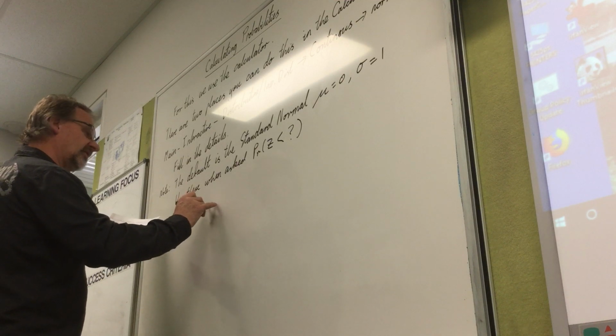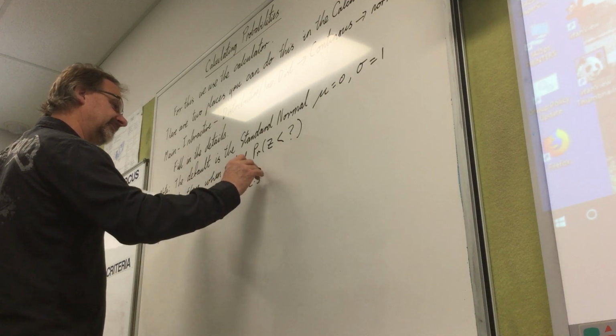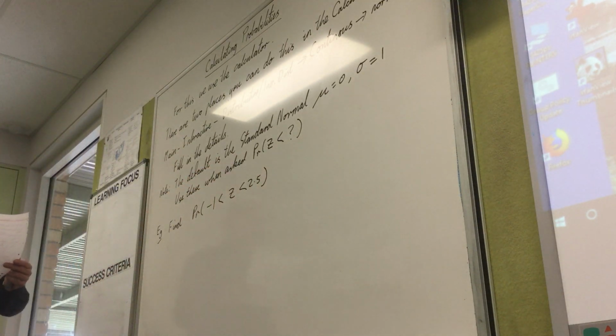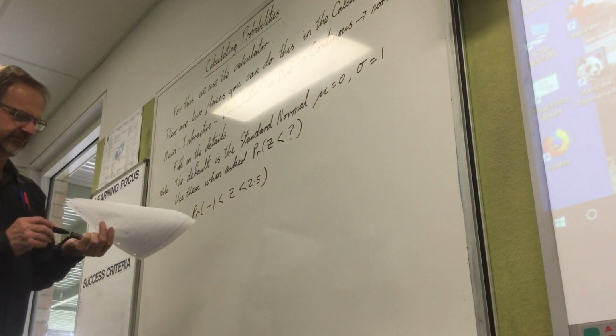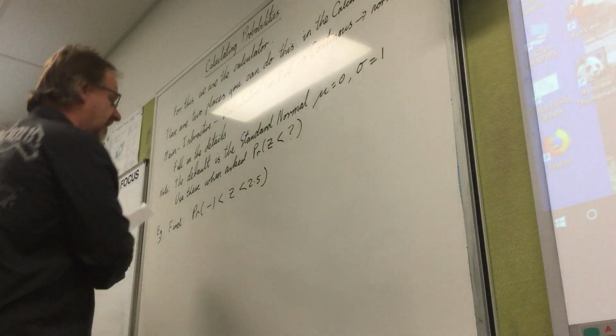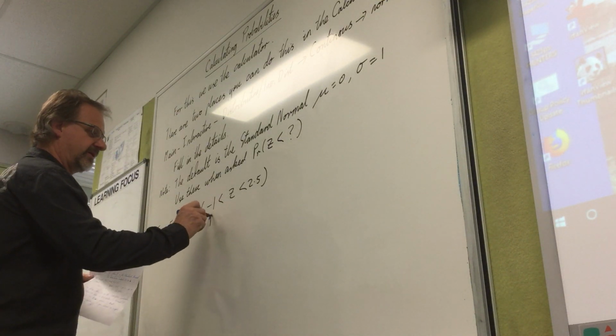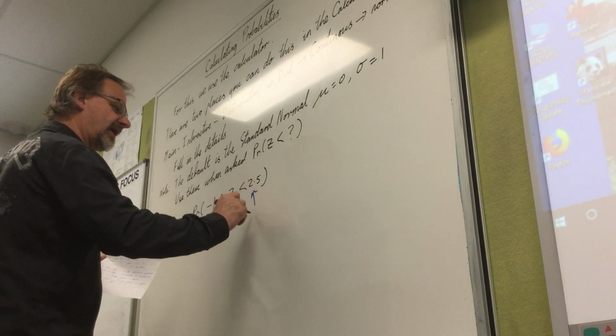the probability that -1 is less than z is less than 2.5. Then when you look at this table that comes up, the lower and the upper. This one is your lower than -1. This one here is your upper.